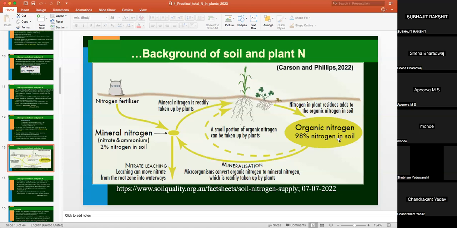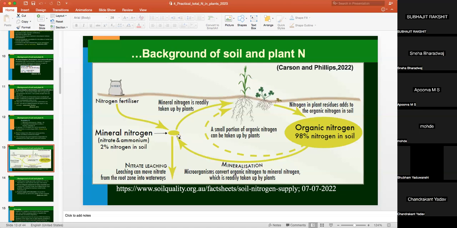You can see the range is from 95 to 99%. Here it is shown as 98%. And then it can mineralize, and it will also supply to the pool of mineral nitrogen.